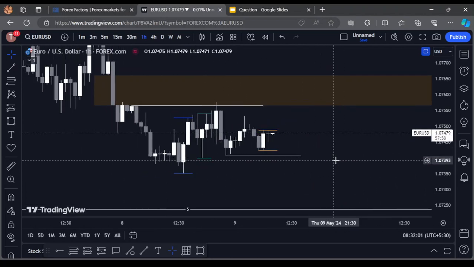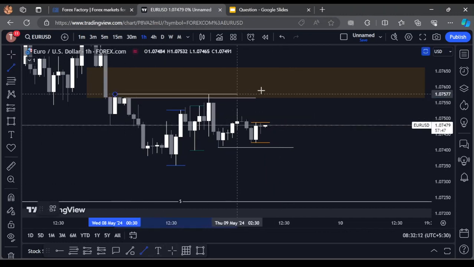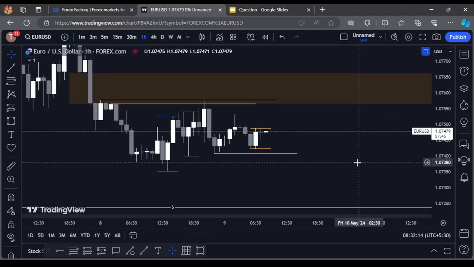So I'll be expecting the market to at least give a close below it, or we are going to move with strong lows into the upside direction to take this high. So the bias is still not clear, so let's move to the 30 minutes.